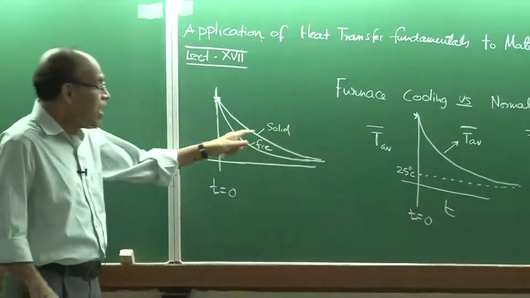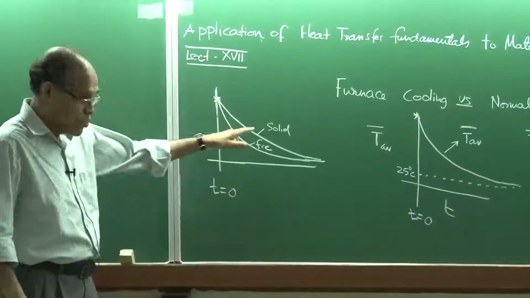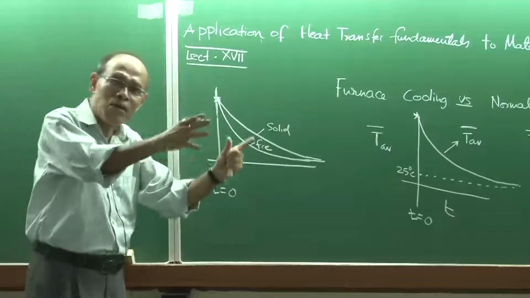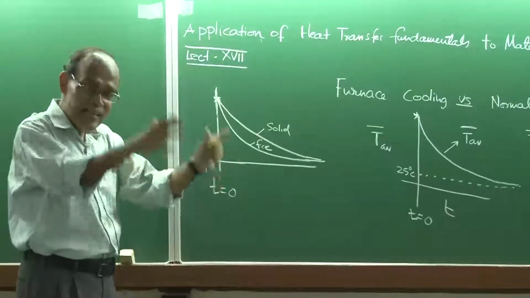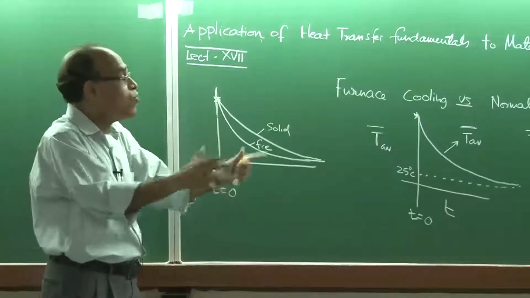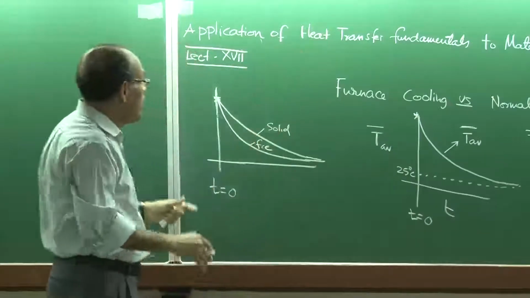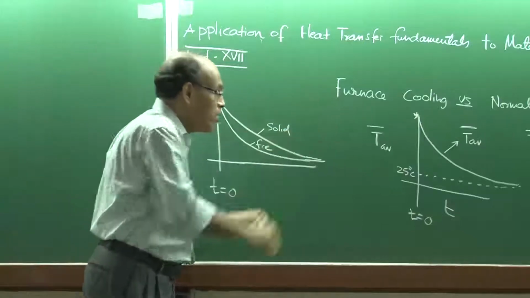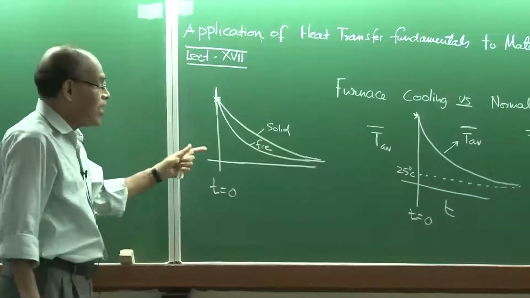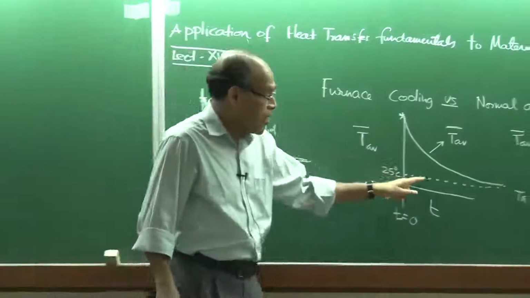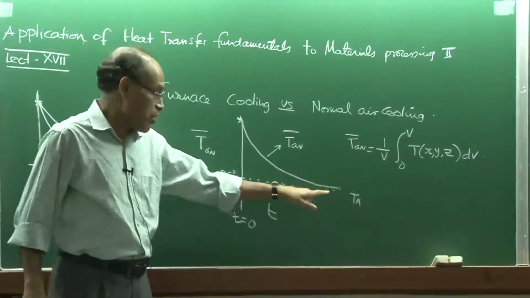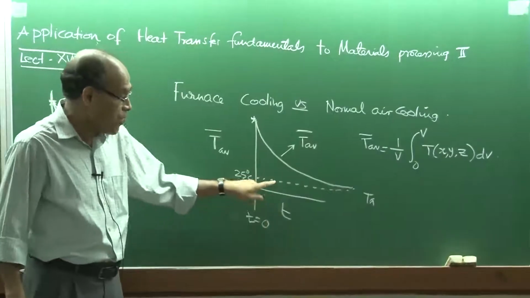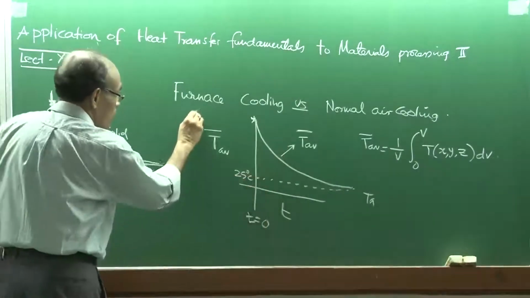So, therefore, if you want to simulate the process, although the governing equations are the same, the same ingot, same material, same size, everything remains the same, you want to formulate the equations for furnace cooling vis-a-vis the normal air cooling. You can see here that the ambient temperature, which dictates my boundary condition, remains constant as a function of time in the air cooling process.